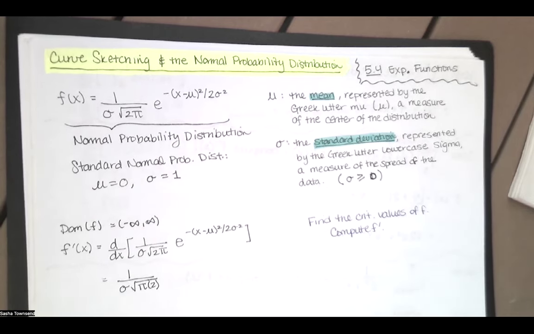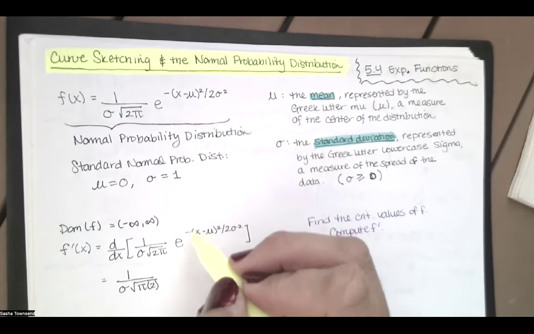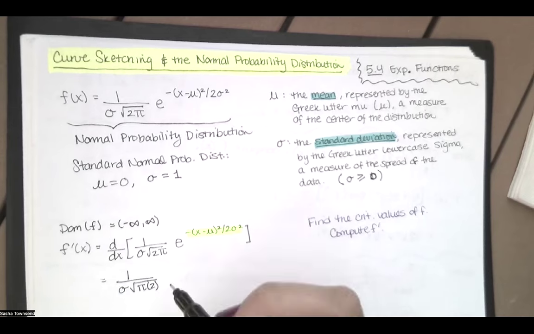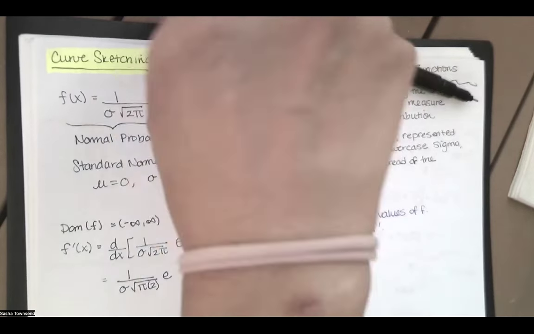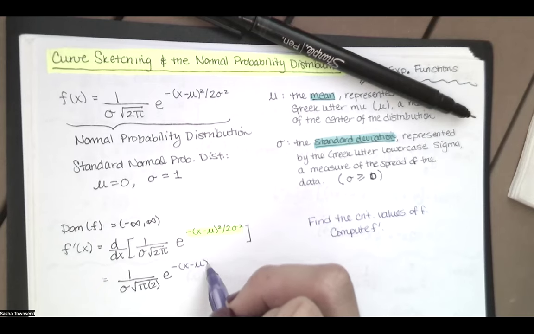Now, anytime we've got something other than x in the exponent for an exponential, we've got to use the chain rule when we take the derivative. So the inside function in this case is this whole thing. So when we take the derivative of e to that power, we're going to get e to that power times the derivative of the inside by the chain rule.